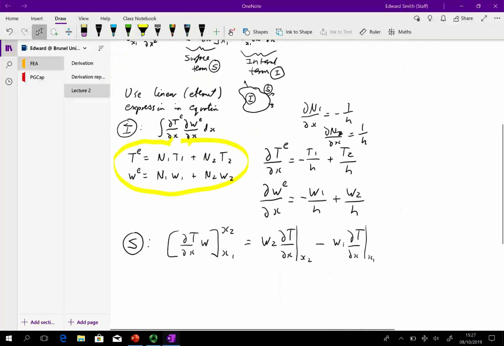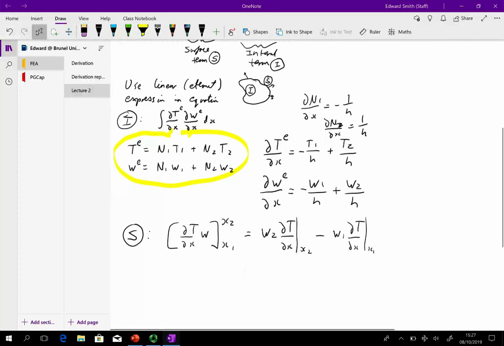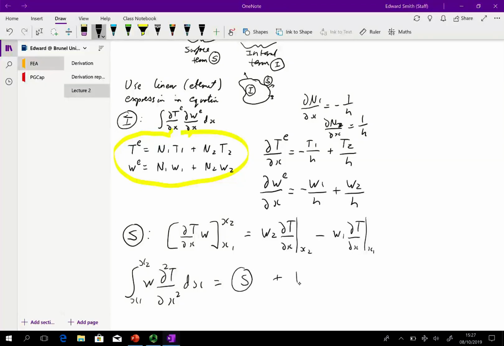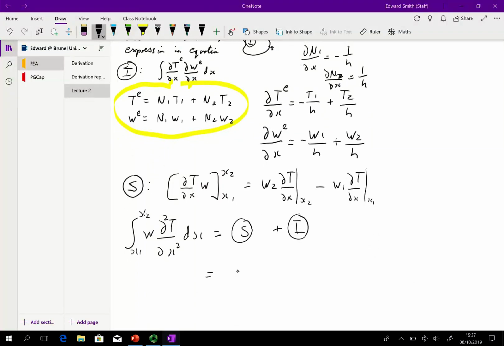Okay, so now the aim is to rewrite our initial expression, which we said was equal to the surface term plus the internal term, and we're just going to substitute in the two expressions we've derived. So that's dW.